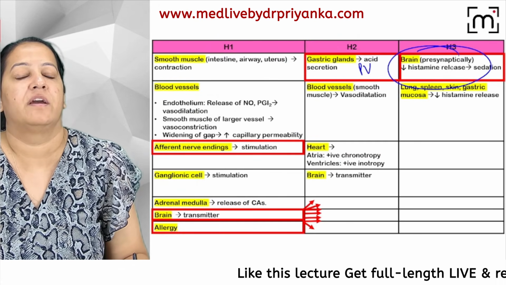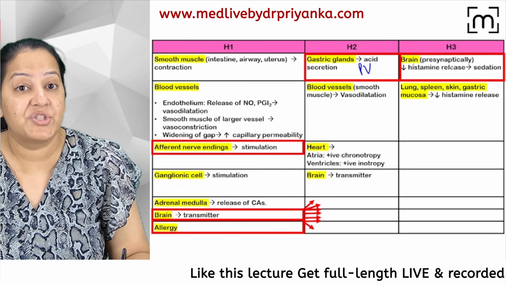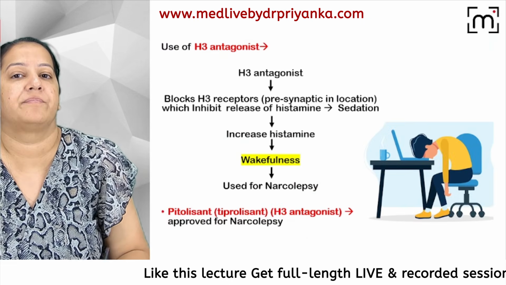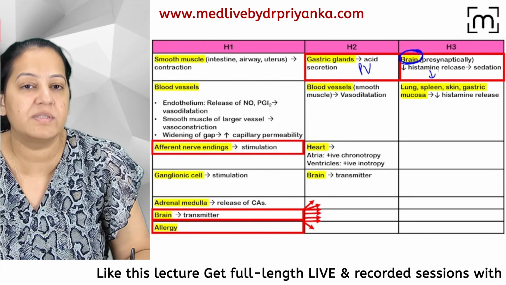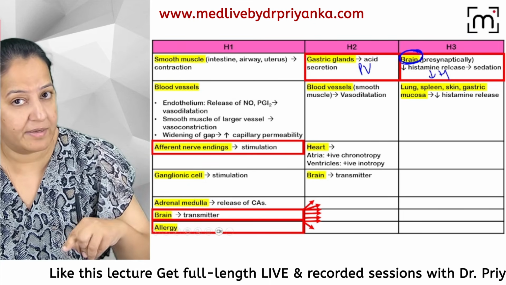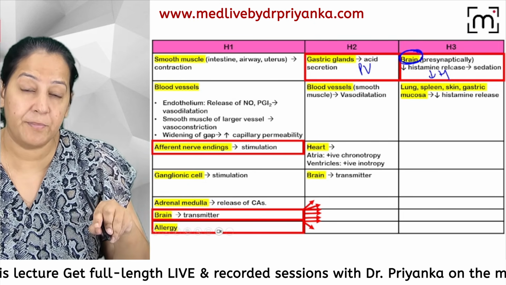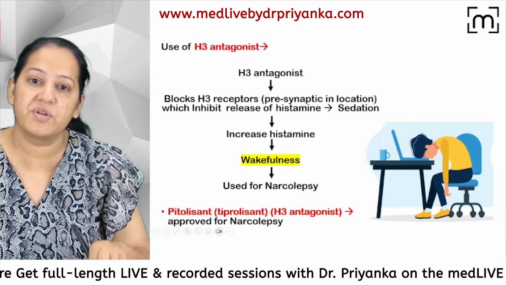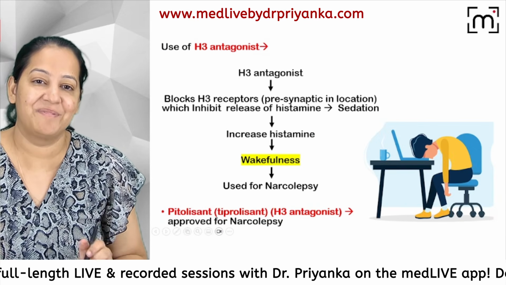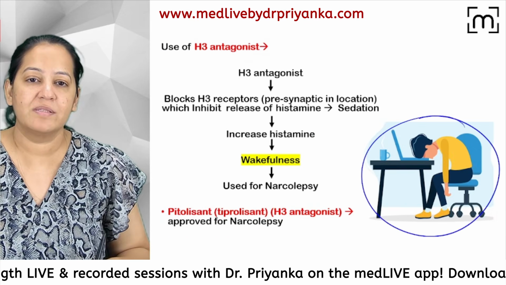Coming to H3. Where is H3 used? H3 receptors are present in the brain. They are presynaptic and they reduce histamine. Histamine produces wakefulness. So H3 produces sedation. So H3 antagonists are used in narcolepsy. I hope you are getting it, people. What is narcolepsy?